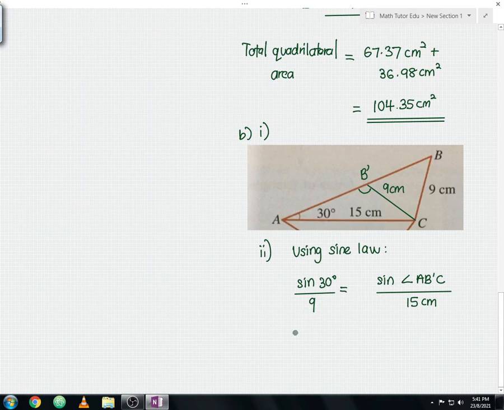So from here, sine angle AB'C will be equal to 15 centimeters times sine 30 over 9 centimeters.